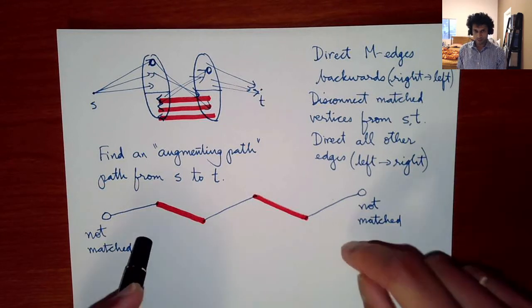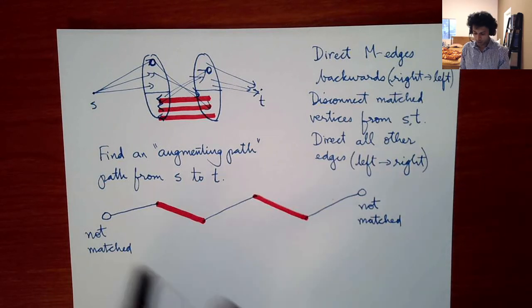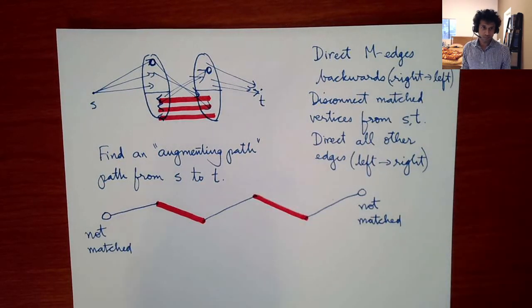So this is a path of length 5 and there are 2 red edges. If you had a path of length 7, you'd have 3 red edges. You'd have basically the floor of half. If you had one edge on the path, then you have no red edges. Does this make sense? Any questions?